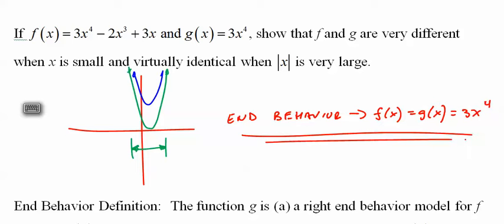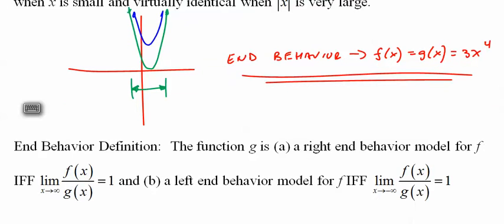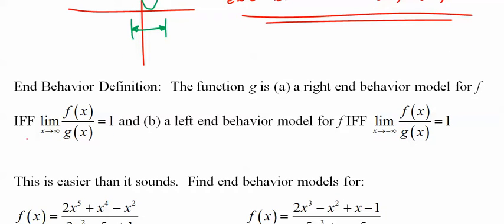And I was going to say for large values of x, or very large negative values of x. That's what end behavior means. What's going on out at the big positive, big negative values of x. So again, another definition, if you didn't know, by the way, it stands for if and only if.